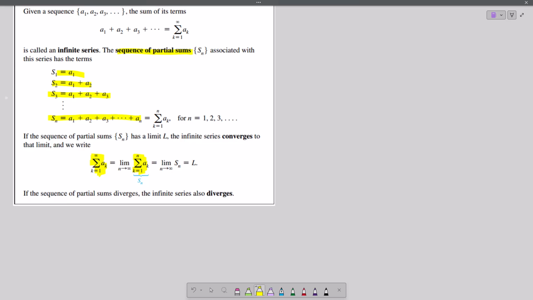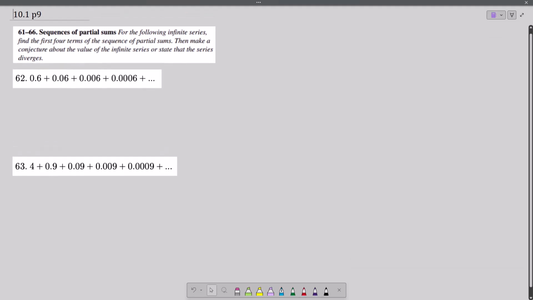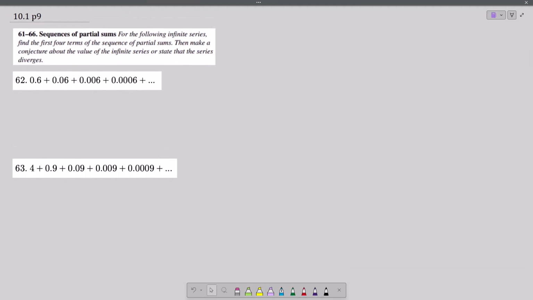You can say the series converges to L, the sum of the series is L, the value of the series is L, the series approaches L. So we use the words approach and equal kind of interchangeably, even though there are some very slight differences in those two concepts. So let's look at a basic example.